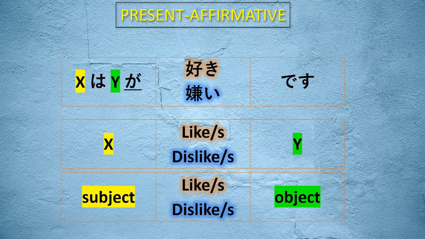Here is the equation: X wa Y ga suki desu, or X wa Y ga kirai desu. X likes Y, X dislikes Y. Here X is the subject, Y is the object, okay? And before kirai or suki, the particle ga is used, after the direct object.